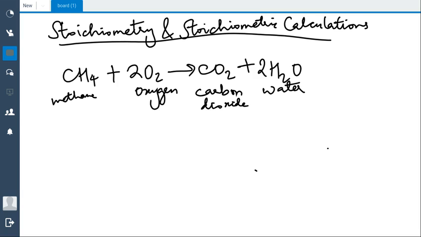Okay, so basically what you mean by stoichiometry is whatever number is written in front of the molecule is stoichiometry. Easy? Okay, this is stoichiometry.